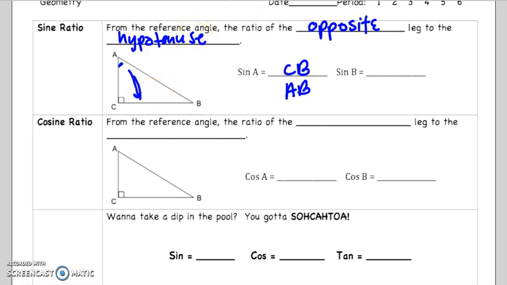Again, if I would like to find sine of B, that ratio is the opposite leg of B, which is AC, divided by the hypotenuse, which again is AB. So that's how you would find the sine ratio. It's always opposite divided by hypotenuse.